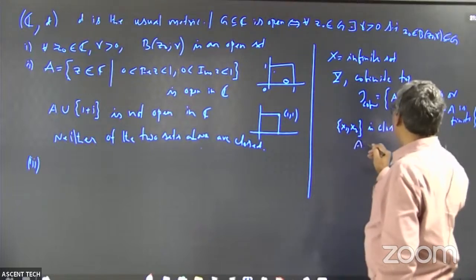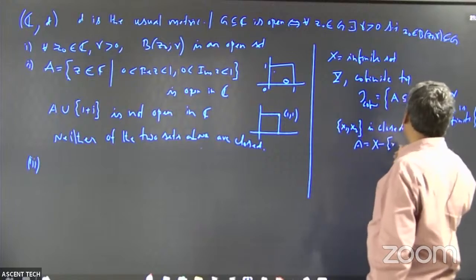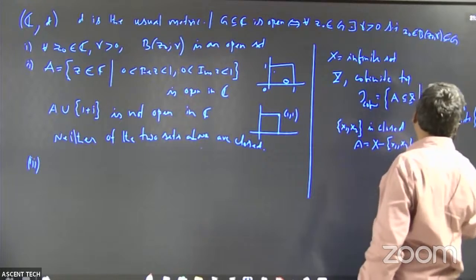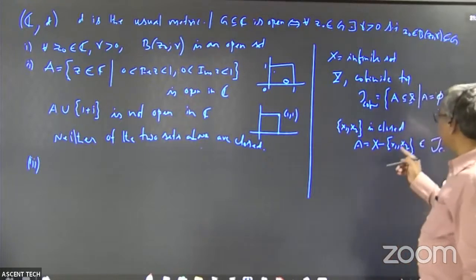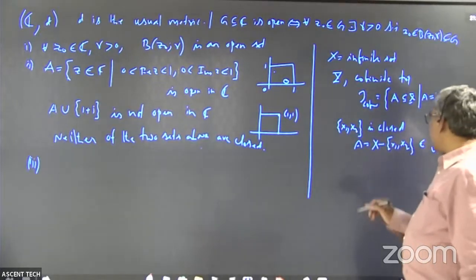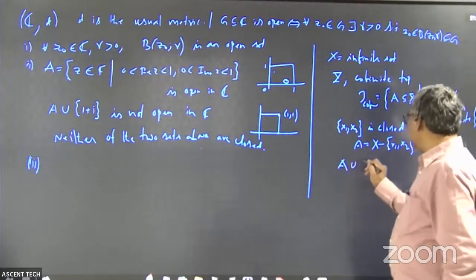Why? Because its complement A, which is X minus {x1, x2}, is open in the cofinite topology, because its complement is finite. So it's an open set. And for that open set A, I have attached just x1.